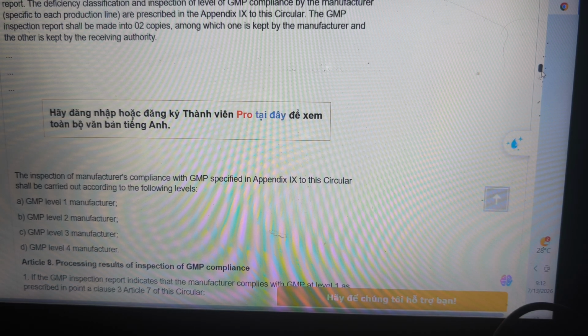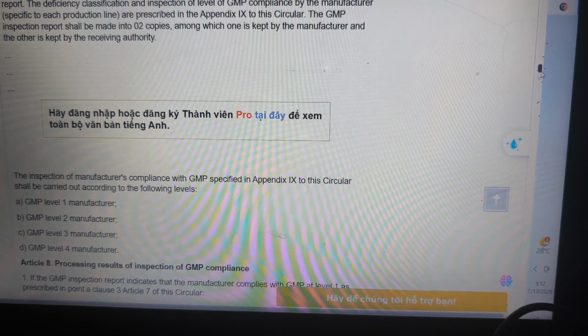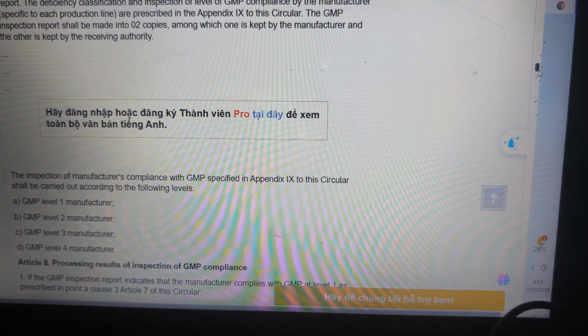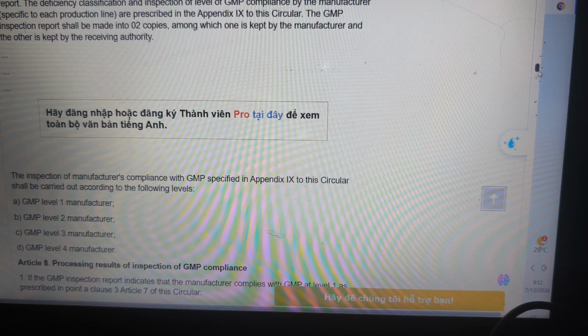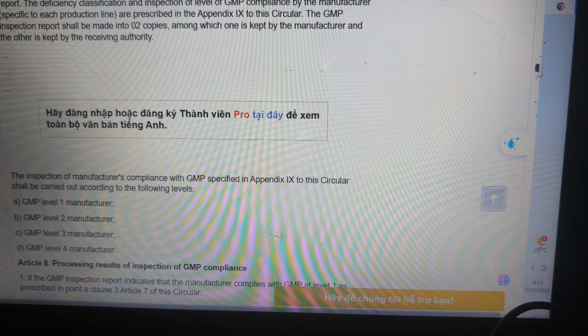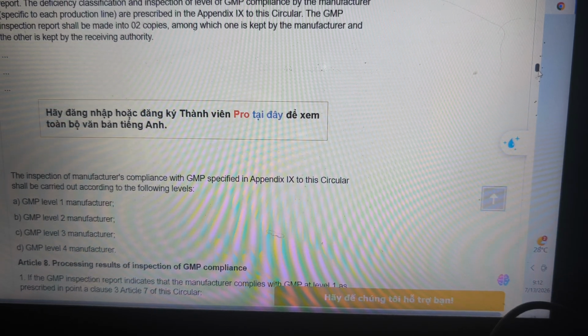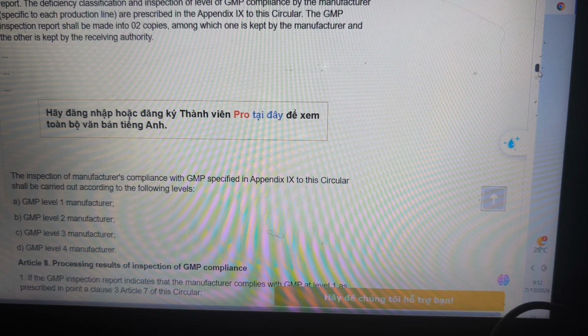The inspection of the manufacturer's compliance with the GMP specified in Appendix 9 to this circular shall be carried out according to the following levels: GMP level 1 manufacturers, GMP level 2 manufacturers, GMP level 3 manufacturers, GMP level 4 manufacturers.